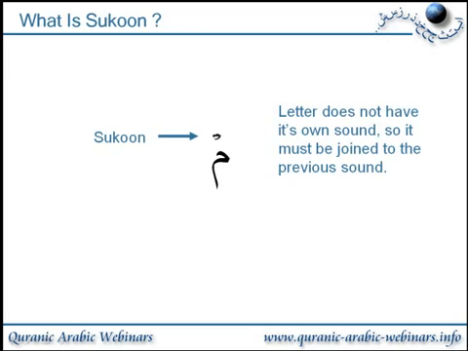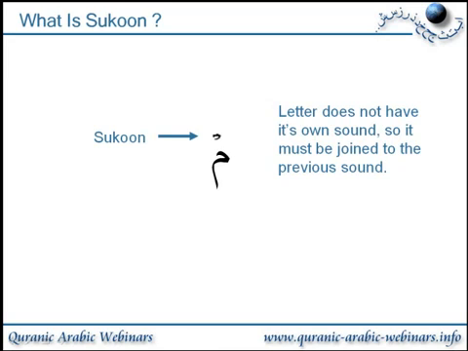Okay, so in Arabic, if you have a letter with this symbol on it, which looks almost like a full round circle, this little symbol is known as sukoon, and it indicates that the letter has no sound of its own. So this meem has no fatha, kasra or dhamma or any other sound.